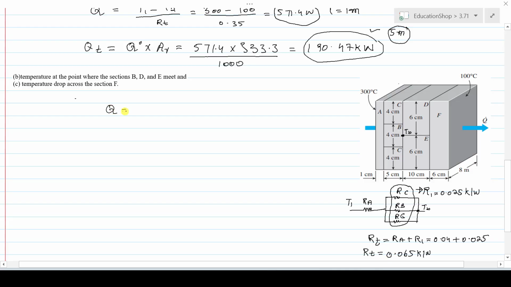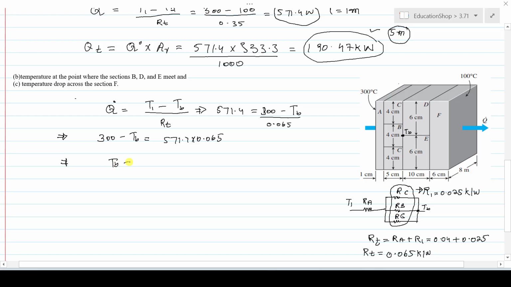The heat transfer is equal to the temperature difference T1 minus TB divided by the resistance in between these two temperatures, that is RT, and its value is 0.065. Now just simply put in the values. You can say that 300 minus TB is equal to 571.4 multiplied by 0.065.